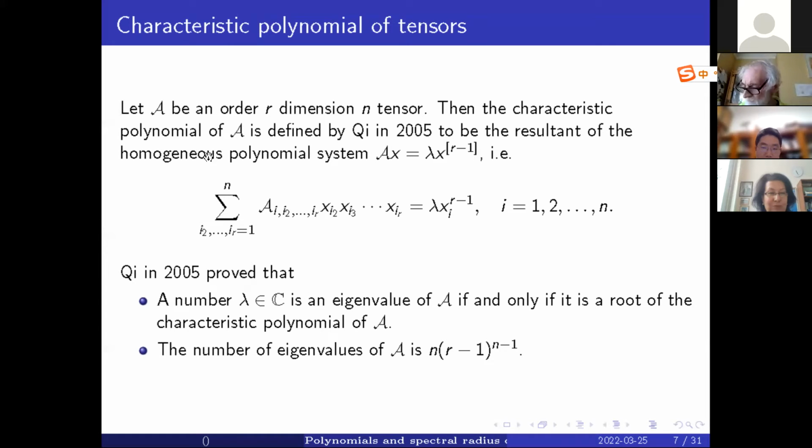The characteristic polynomial of a tensor A was defined by Qi in 2005. The characteristic polynomial of A is defined to be the resultant, a notion from algebraic geometry, of the homogeneous polynomial system.